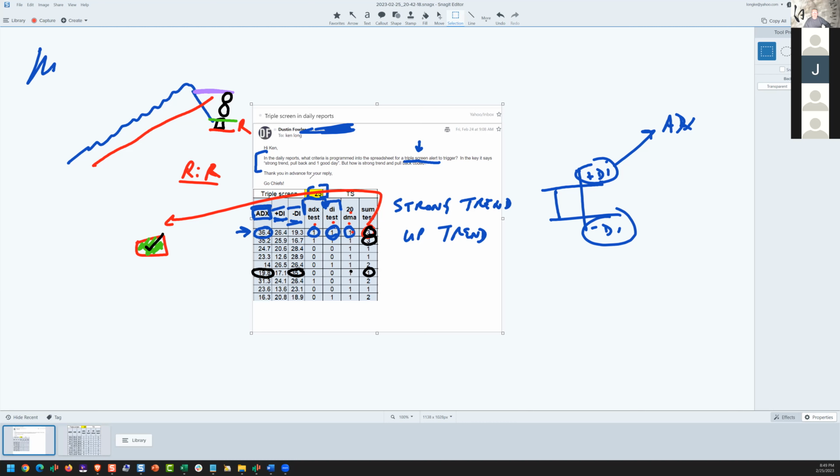So that's the form of the triple screen. That's developed by Alexander Elder.